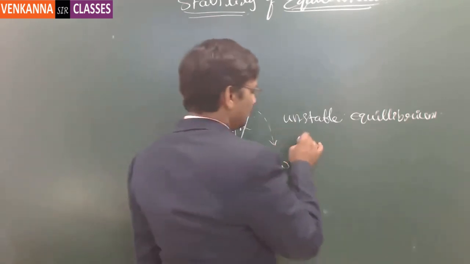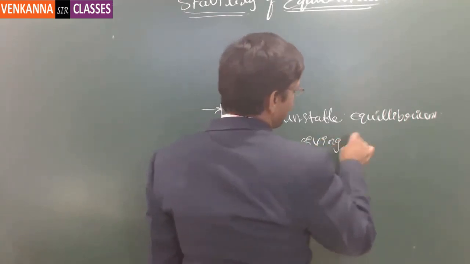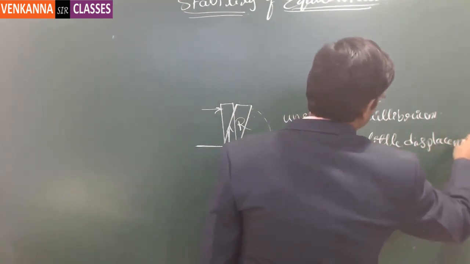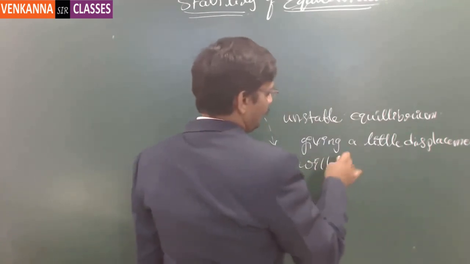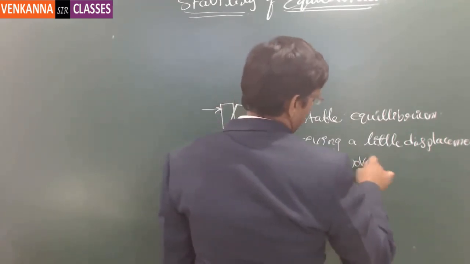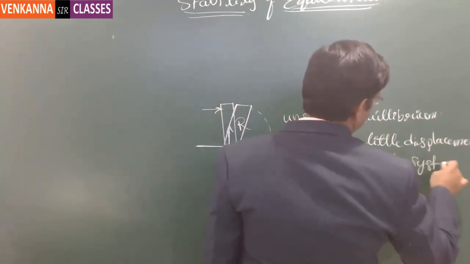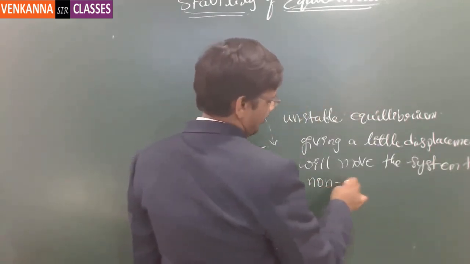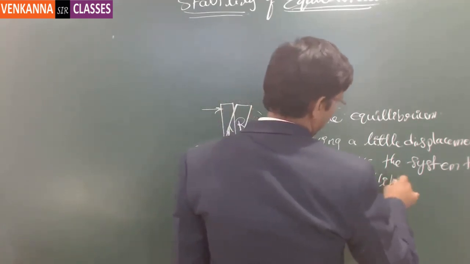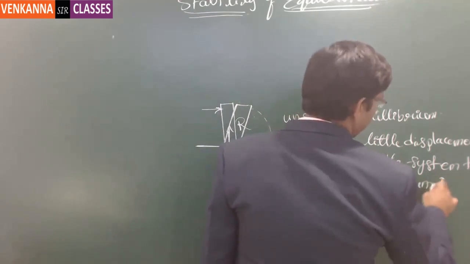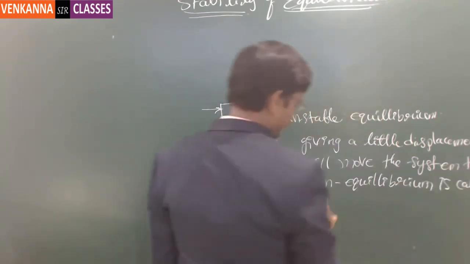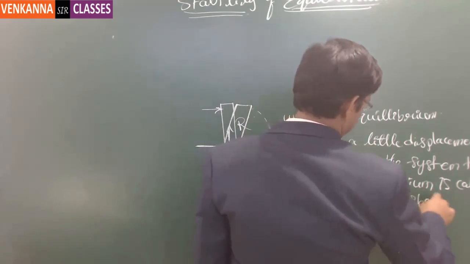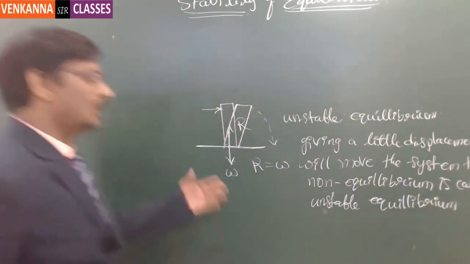Giving a little displacement will move the system to a non-equilibrium case. It is called unstable equilibrium.